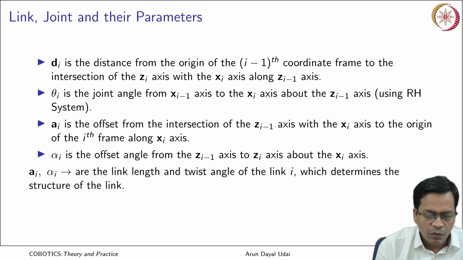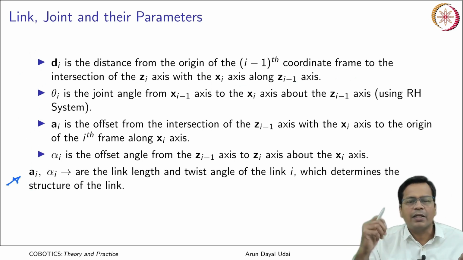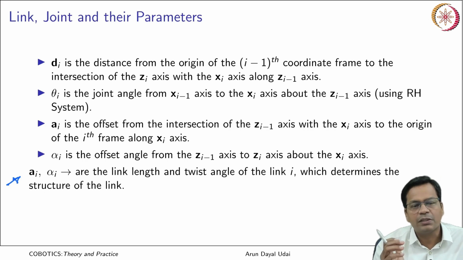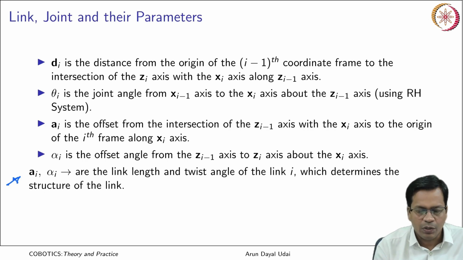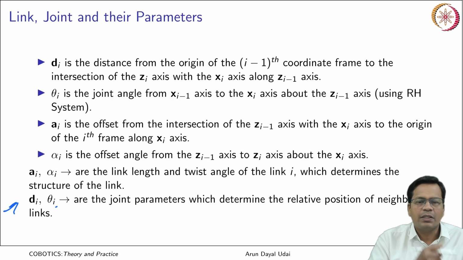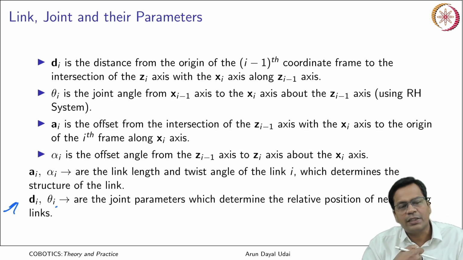So, ai and alpha i, that is link length and link twist, because it is a solid link, define the structure of the link. This is not going to change with time. What changes is di and theta i. In case of a prismatic joint, di becomes the moving axis, and in case of a revolute joint, theta i is the moving axis displacement.